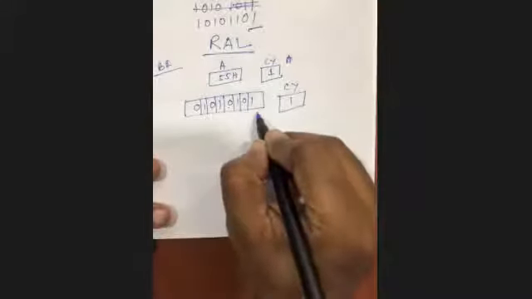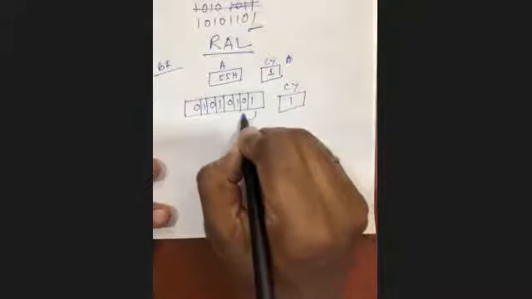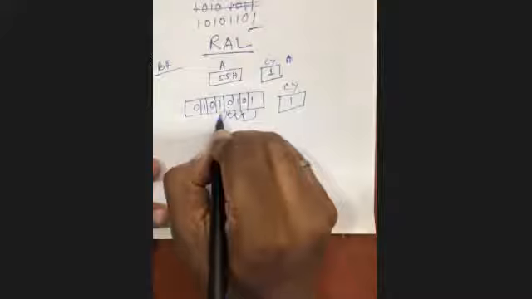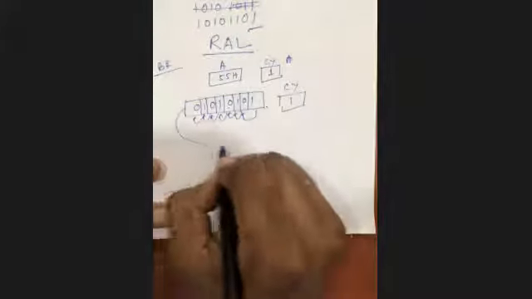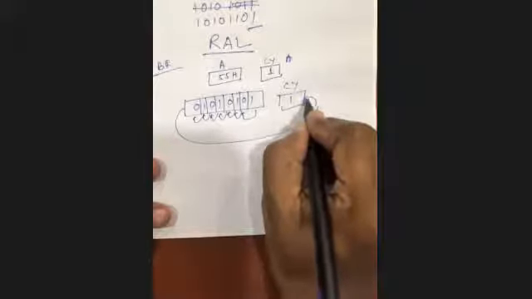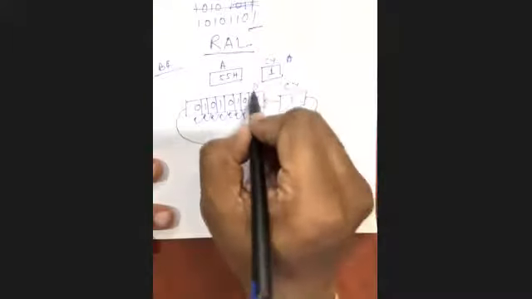Now all the data are shifted from right to left, bit by bit, and the last bit comes into the carry flag, and the carry flag content comes into the D0 bit.